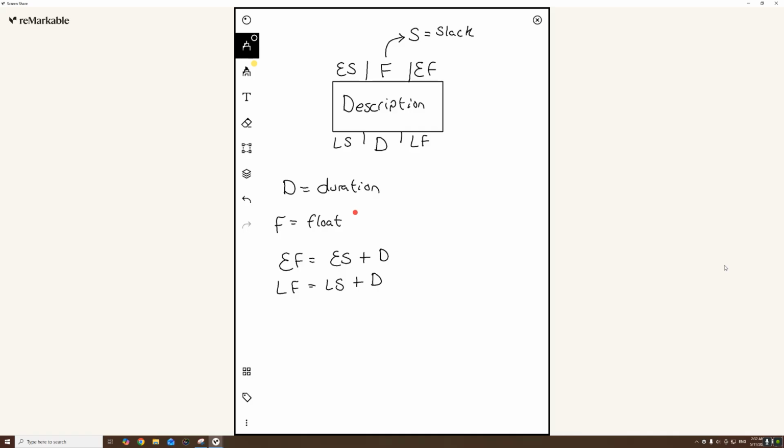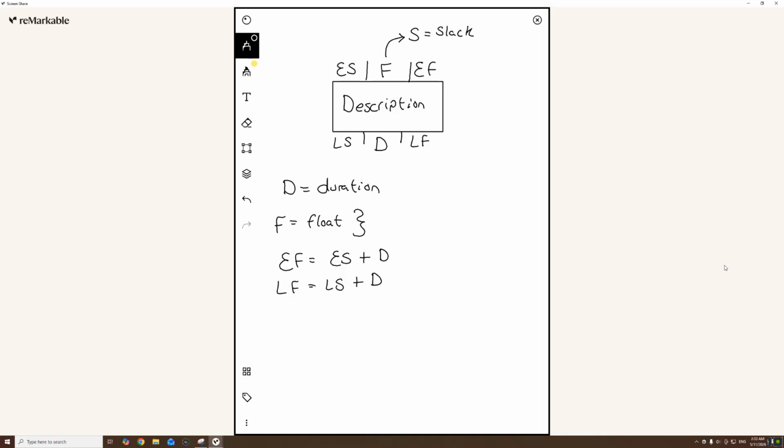Notice how I said the float is the amount you can delay the project. Meaning, if you have a clearly defined early start, late start, early finish, and late finish, then you know the amount you can delay this task by and still have the project completed on time.